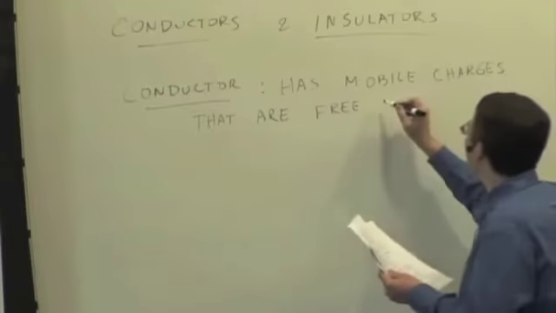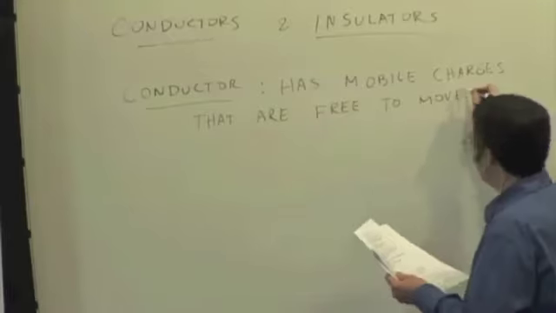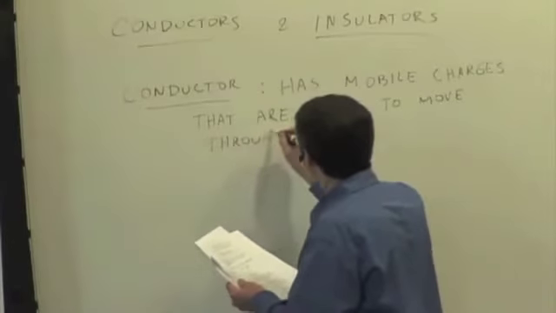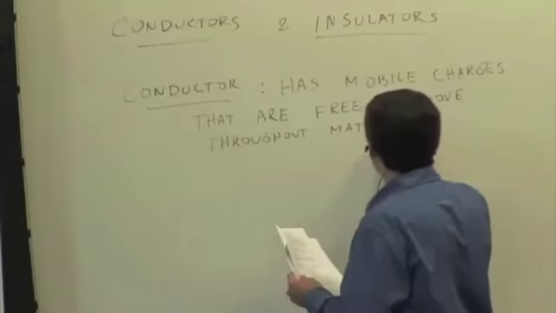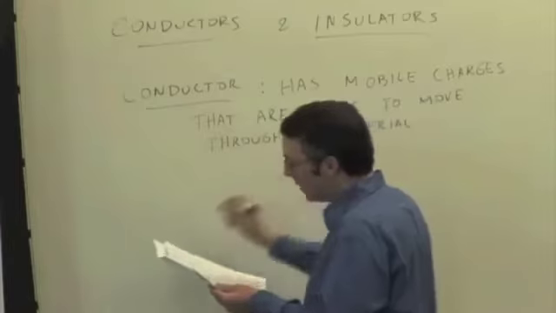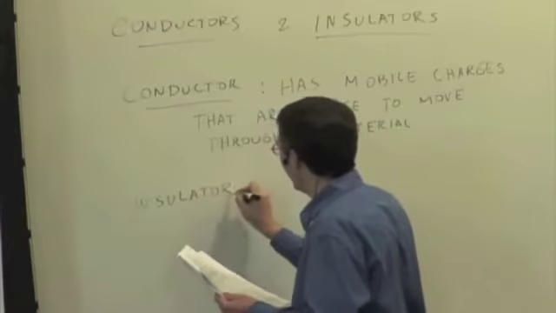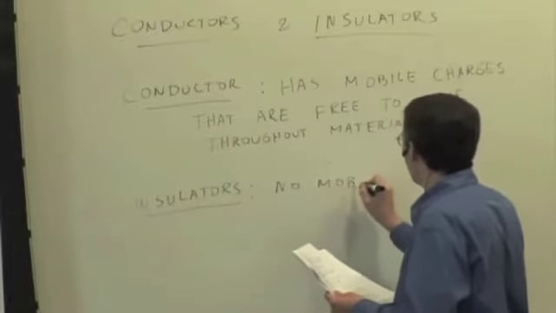Hence the name mobile, just to drive it home, that are free to move throughout the material. And insulators don't. That's basically it. Insulators don't have mobile charges.